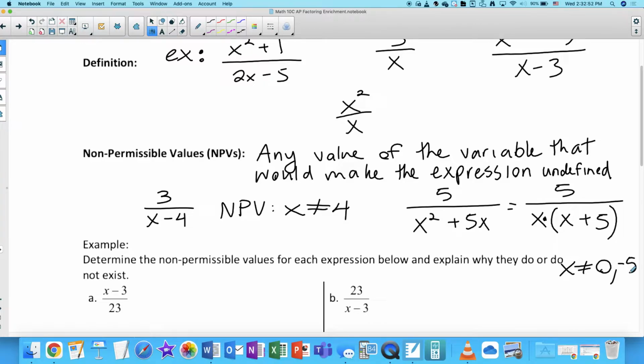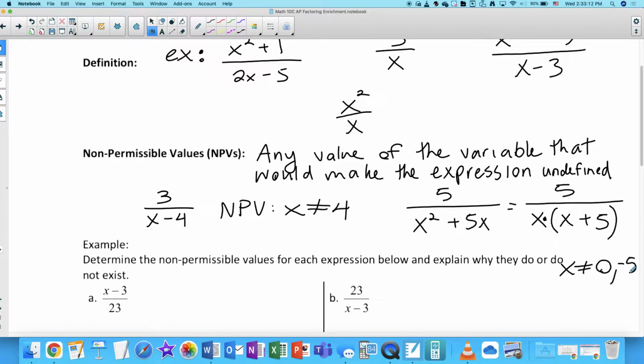Okay? And in general, the number of non-permissible values that you are going to have kind of depends on the number of factors that you have in the denominator, with the exception that if you have repeated factors, like a perfect square trinomial, for example, you're not going to say the same non-permissible value twice. Okay?